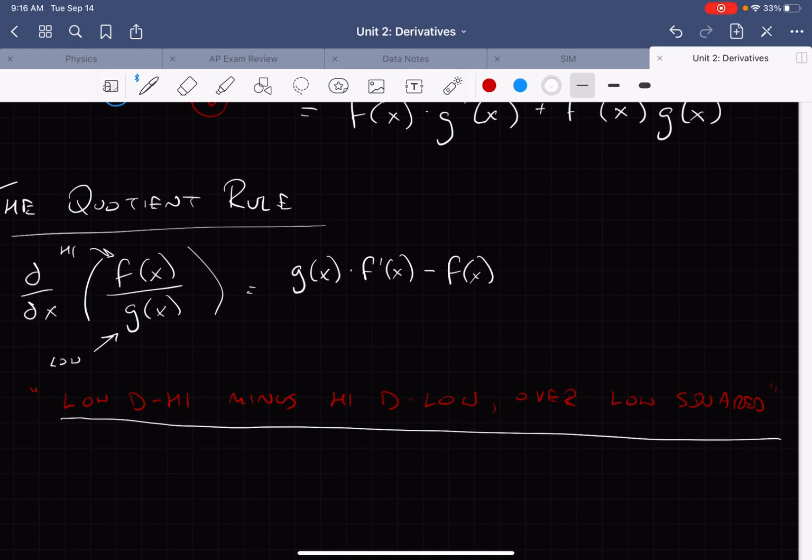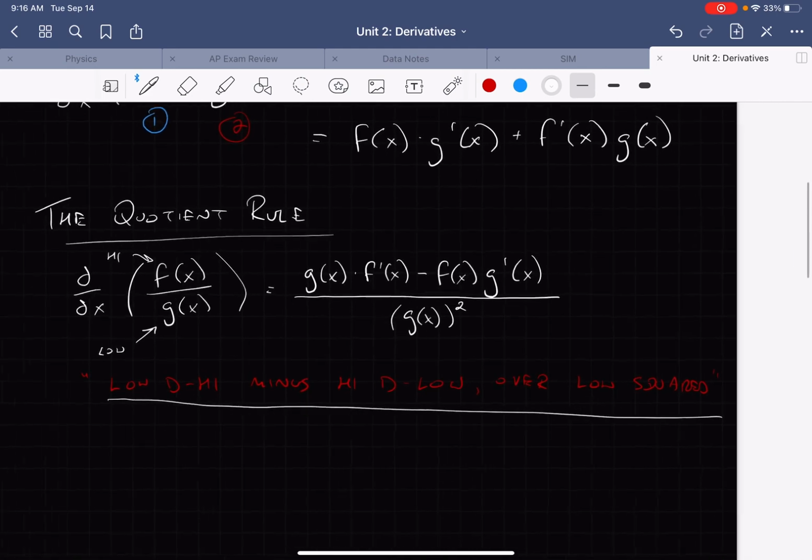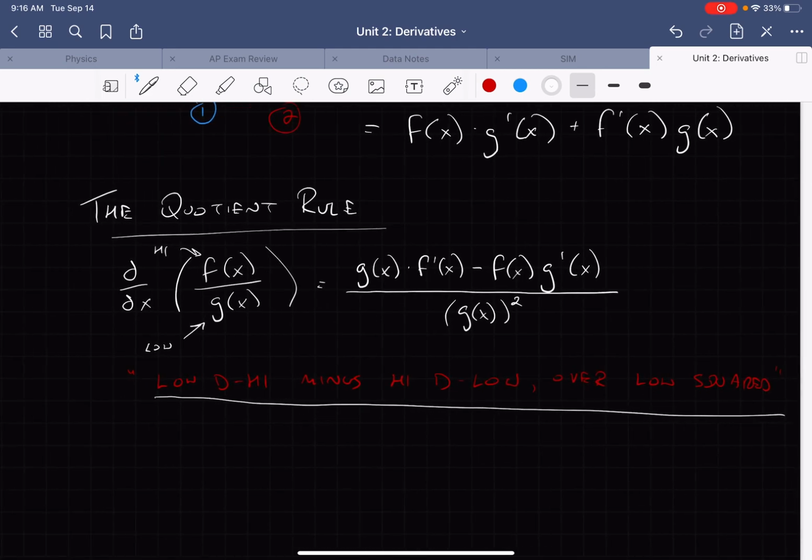D low would be the derivative of the bottom function, so that's g prime of x. And then I have a comma, so then I have over low squared. So all of this that I've written gets divided by low squared, which would be g of x, and then that is squared. So low d high minus high d low over low squared.